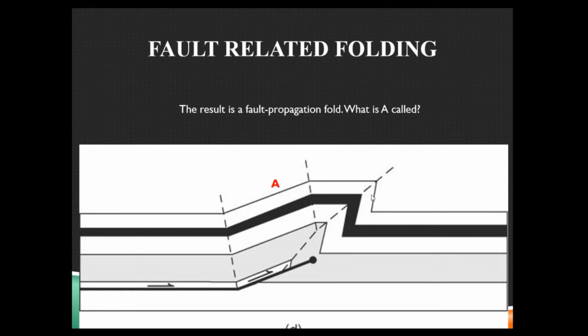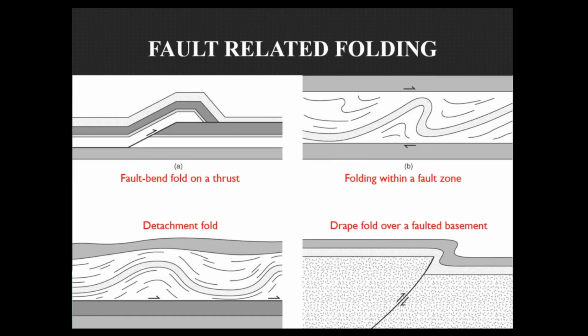And then we get an anticline here because of it bending around. So we can have a fault bend fold on a thrust. You can see, the flat goes up the ramp and then bends over. This is a fault bend fold.